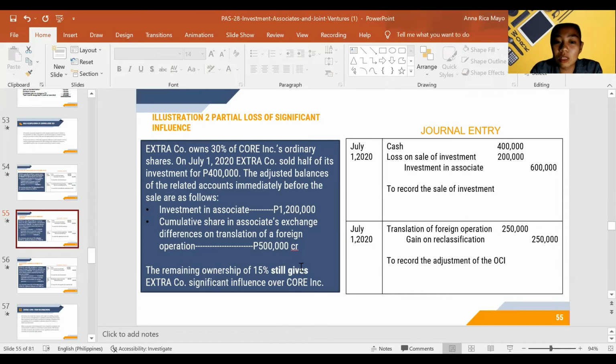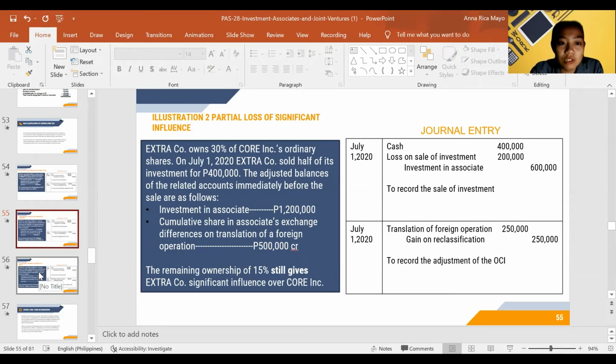Ang sabi kanina doon, kapag binigyan pa rin siya ng significant influence, only the proportionate amount of the investment of the associate yung kanya magre-reclassify, which is 50% of 500,000 kasi nga half yung sinold niya, edi maha-half din yung kanyang cumulative share in associate. Yung half ng 500,000, yun lang yung kanyang i-reclassify.